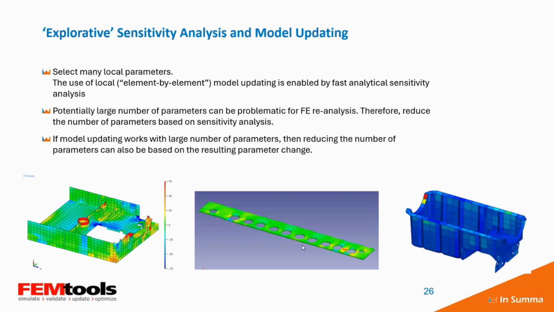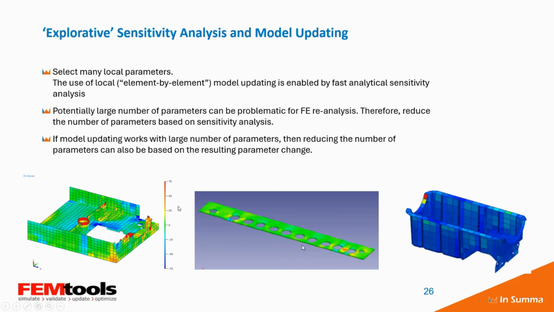The software helps you to do so by the sensitivity analysis tool, and the concept of explorative sensitivity analysis and updating, where we can select a lot of parameters and then look at these color plots, update with a lot of parameters, and then see if there are any trends.